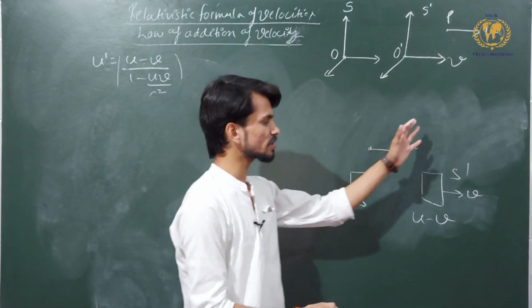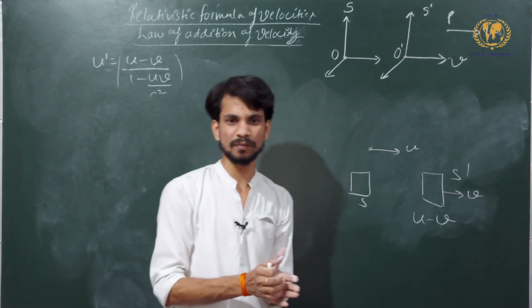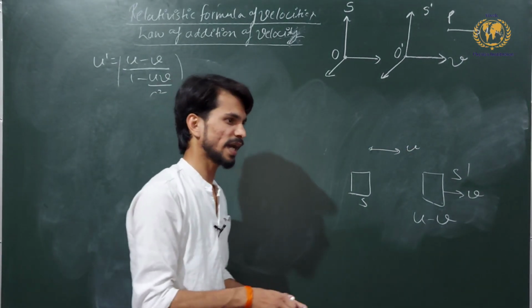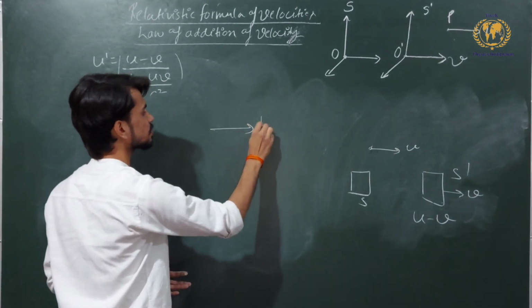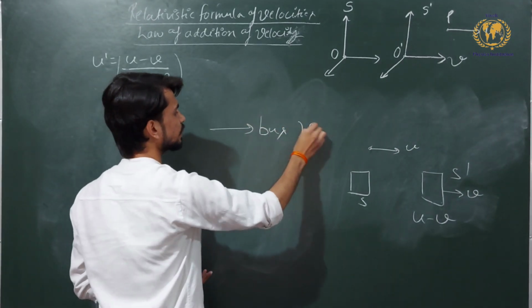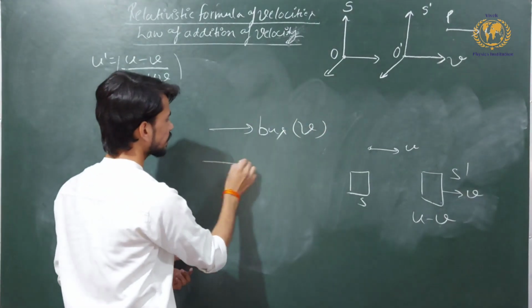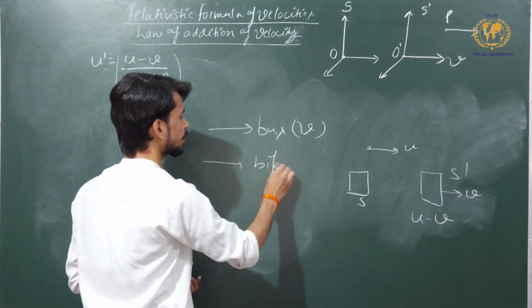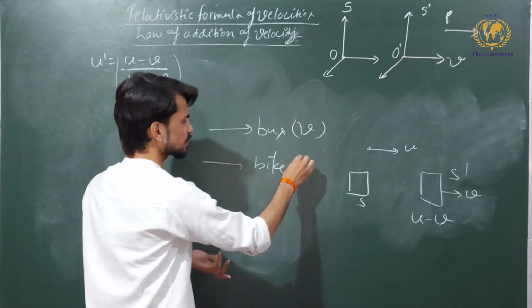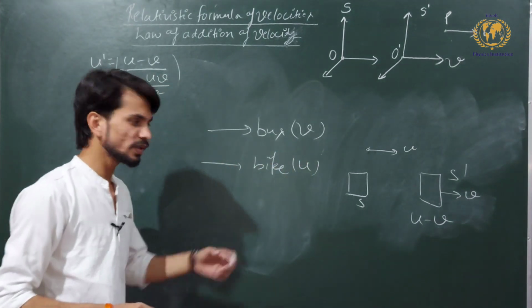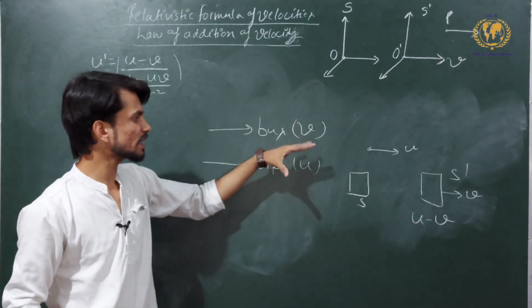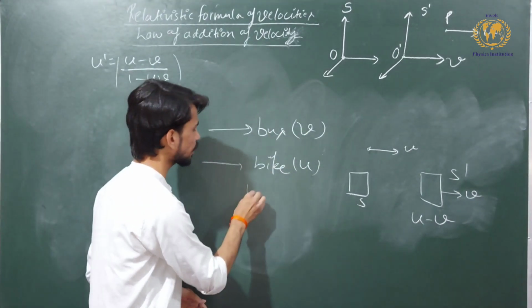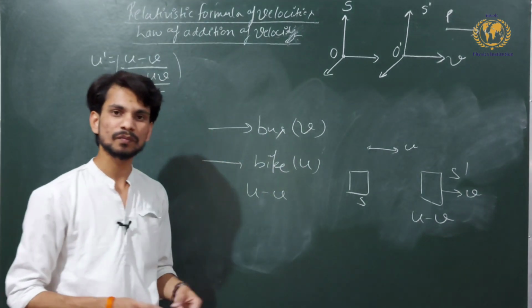Because if a bus moves with some velocity and you are on a bike moving in the same direction, let's say the bus has velocity v and you are riding a bike with velocity u. So in this case you are the particle and the bus is the frame of reference. So what is the difference between the velocities? That will be simply u minus v or v minus u as well.